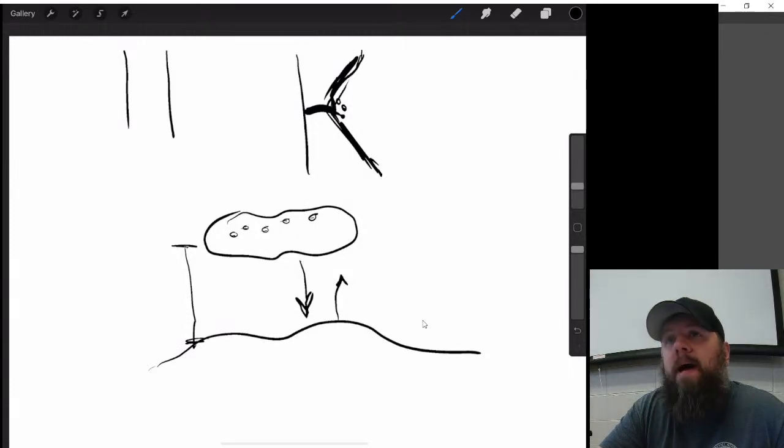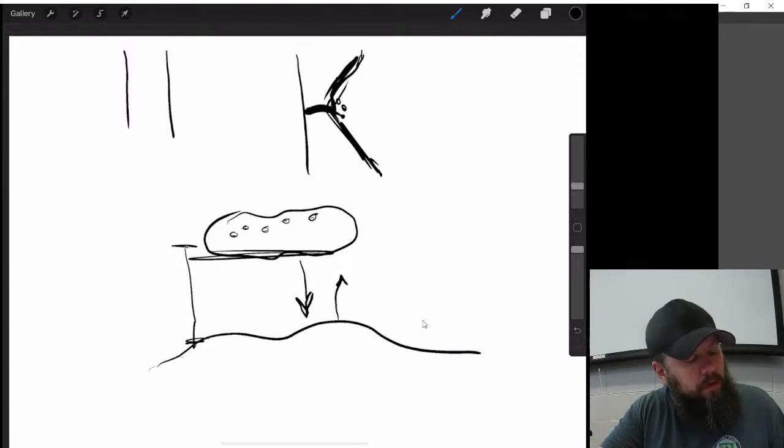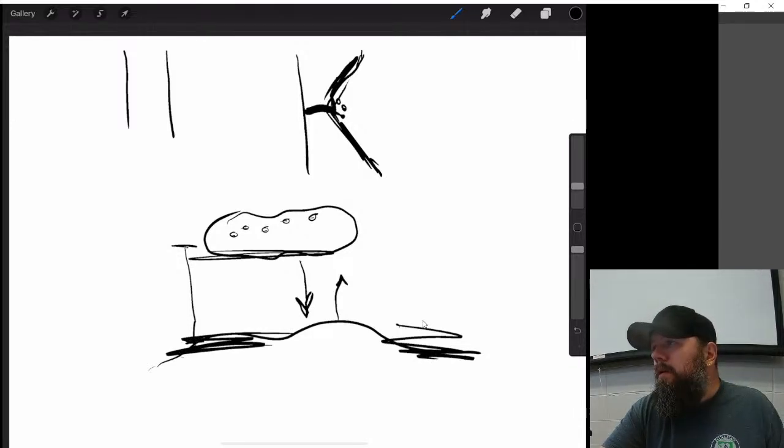So the maximum amount of charge that I can do is dependent upon that. All of this right here is wasted because I've got this little hill right here, right? And that's where it's going to jump.